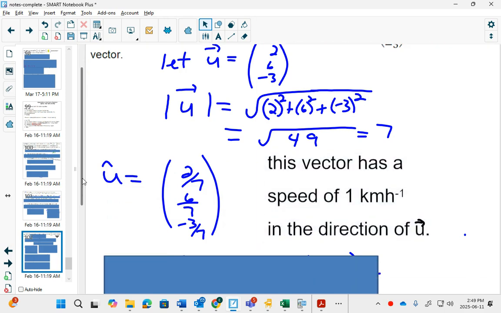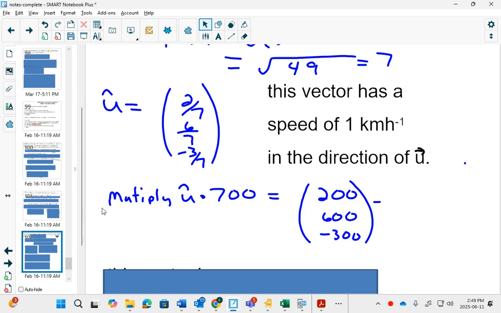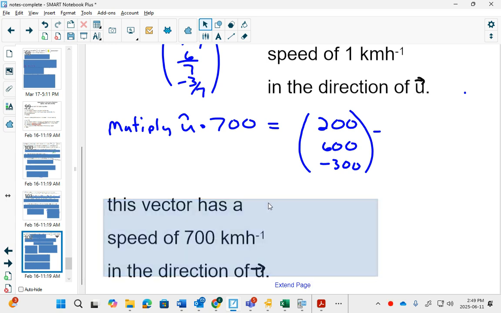I can multiply that unit vector by 700, which is the same as taking that original vector and multiplying it by 100. It's in the same direction, but now has a length of 700.